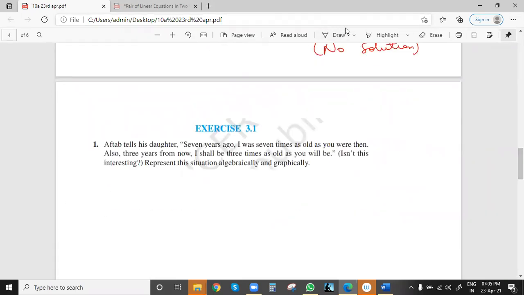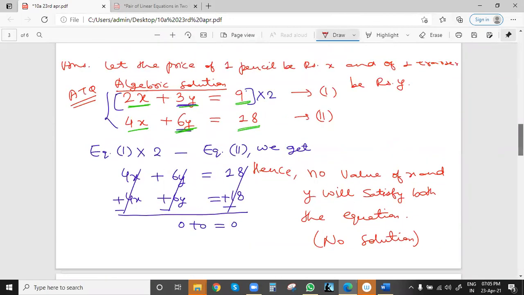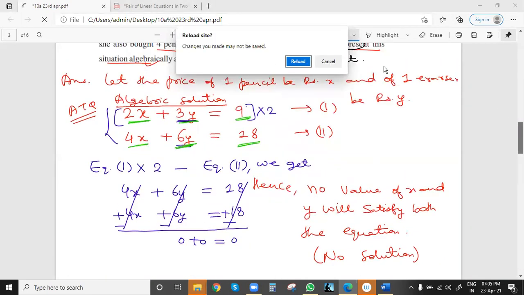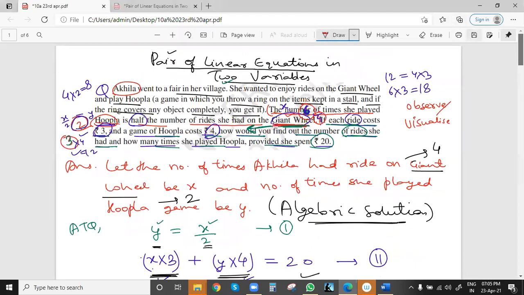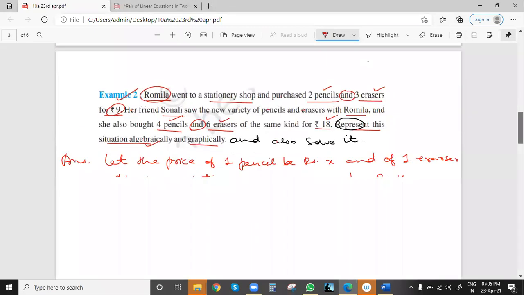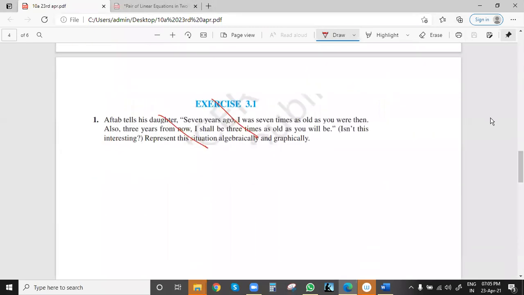So the first equation was 2x plus 3y equal to 9.